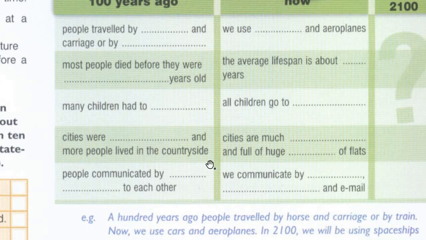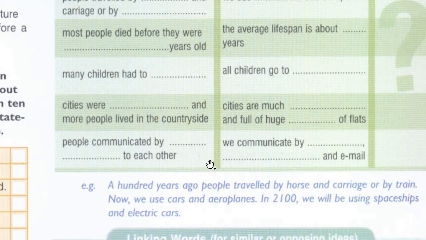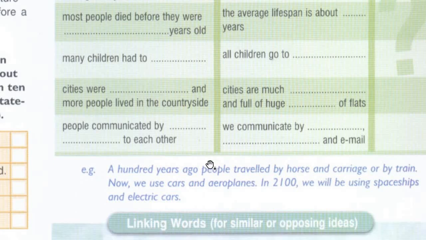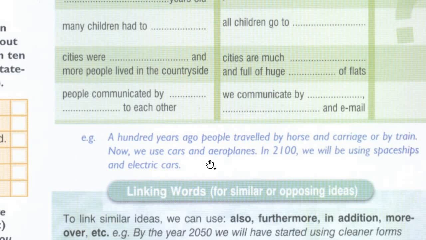What else has changed then? Susan? 100 years ago, many children had to work, but now all children go to school. Yes, that's true. Lucy? The places where people live have changed a lot. Cities were smaller and a lot more people lived in the countryside. Now the cities are much bigger and they're full of huge blocks of flats. Yes, that's true. Any more ideas? Stephen? A century ago, most people who were far apart communicated by writing to each other. But now we communicate by telephone, fax and email, so it's a lot faster. That is a very major change. Now, what changes do you think will have taken place 100 years in the future? Any ideas?